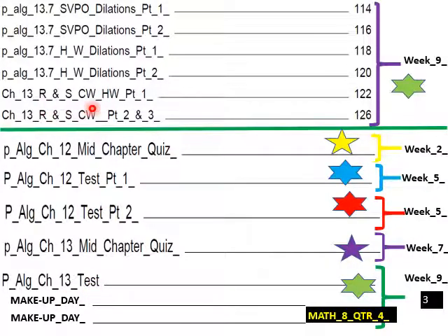This is your review and summary, your classwork and homework, then chapter 13 review and summary, classwork part 2 and 3. So there's a 3-part review for this test. And then I also include a makeup day during week 9, so that I can enter my grades once they finish the chapter 13 test.